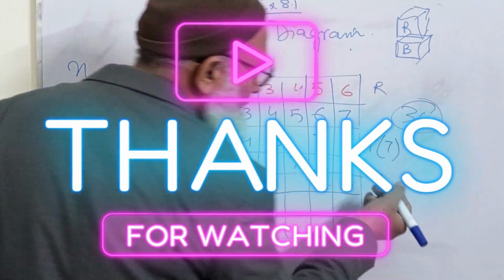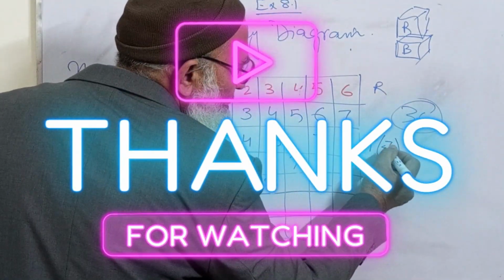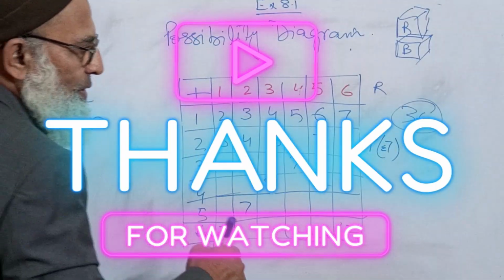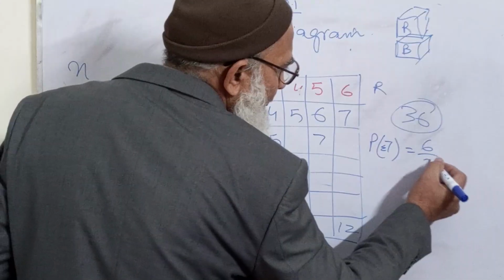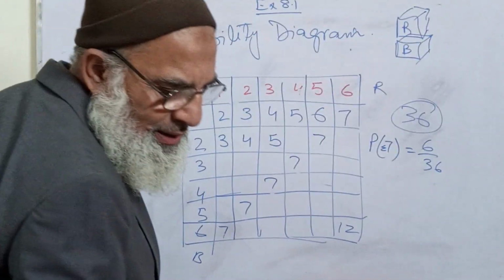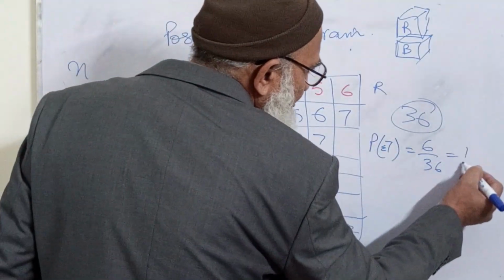P of sum equal to 7 is equal to 6 upon 36, and the probability will be 1 by 6.